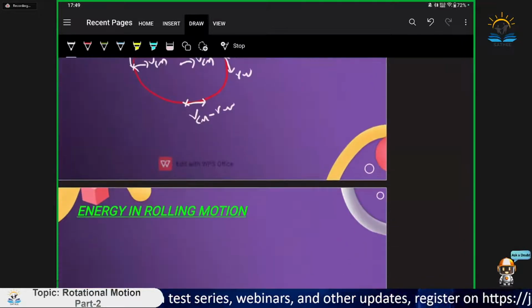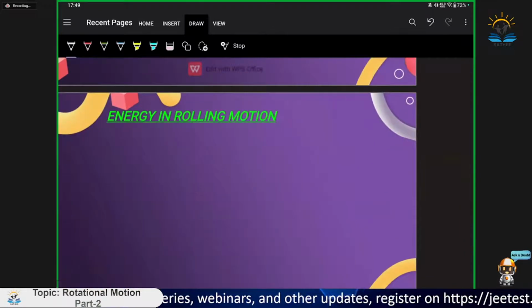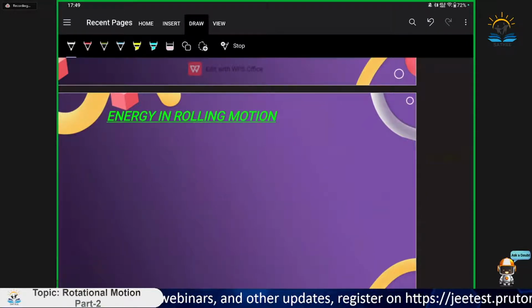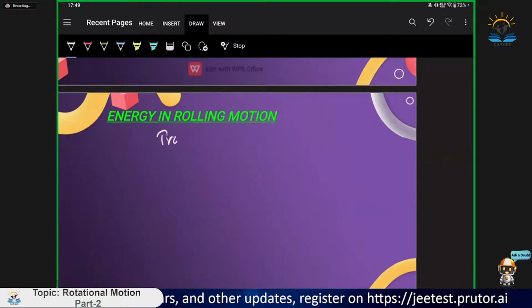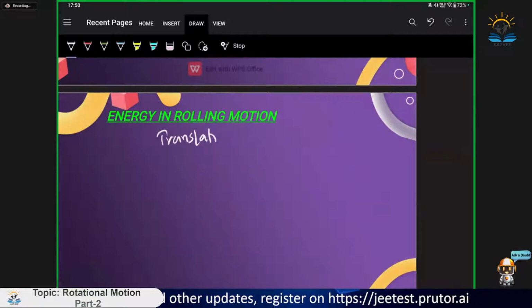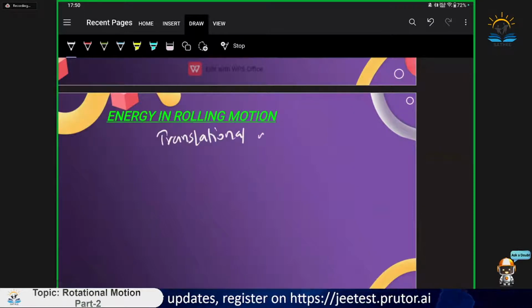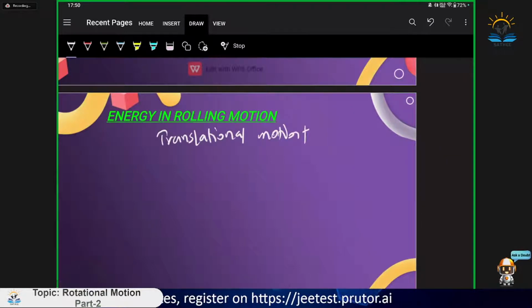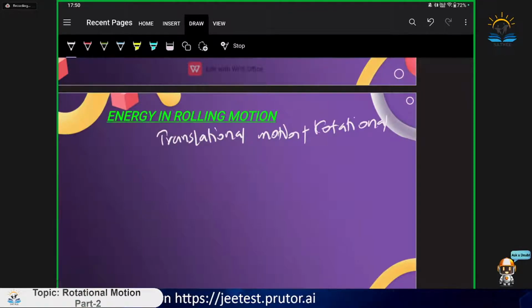The energy in rolling motion: rolling motion is translational plus rotational motion.